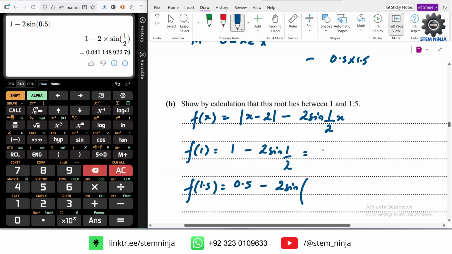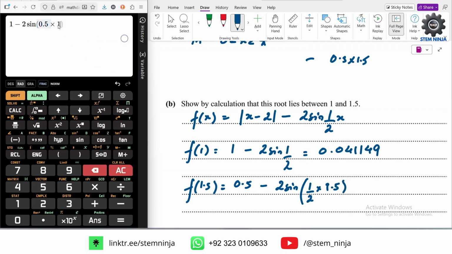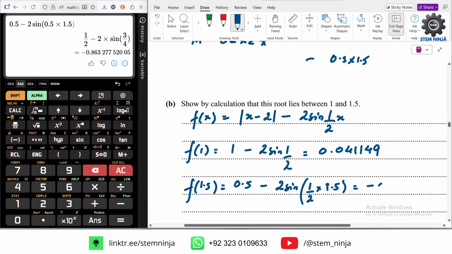This is 0.04149. And this is half times by 1.5. And this is 0.5. Right, okay. So 0.086327.